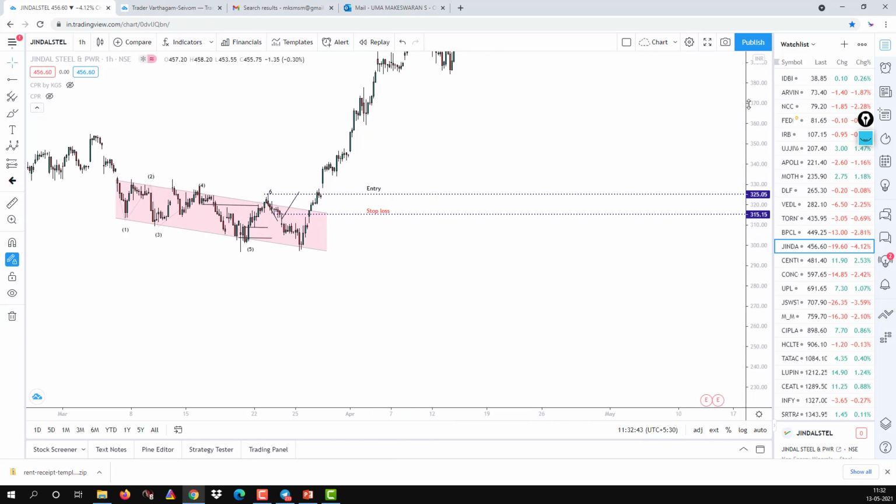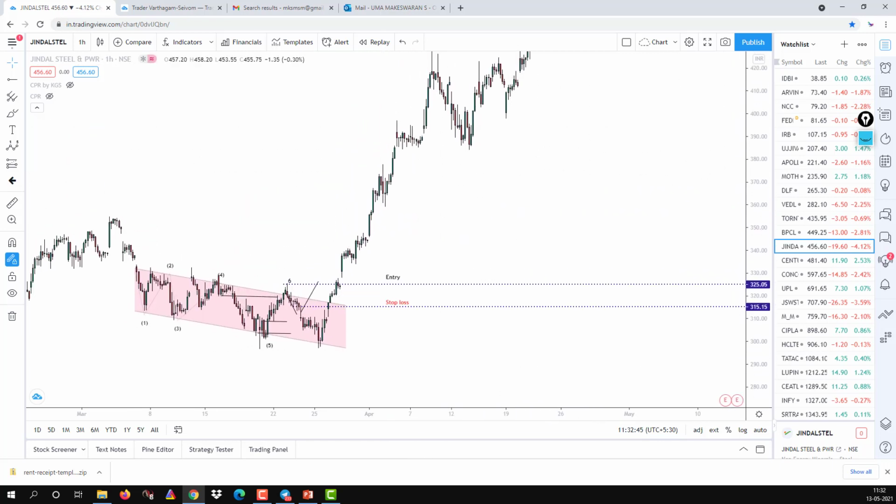And the target is the length of this channel pattern, 19 points.